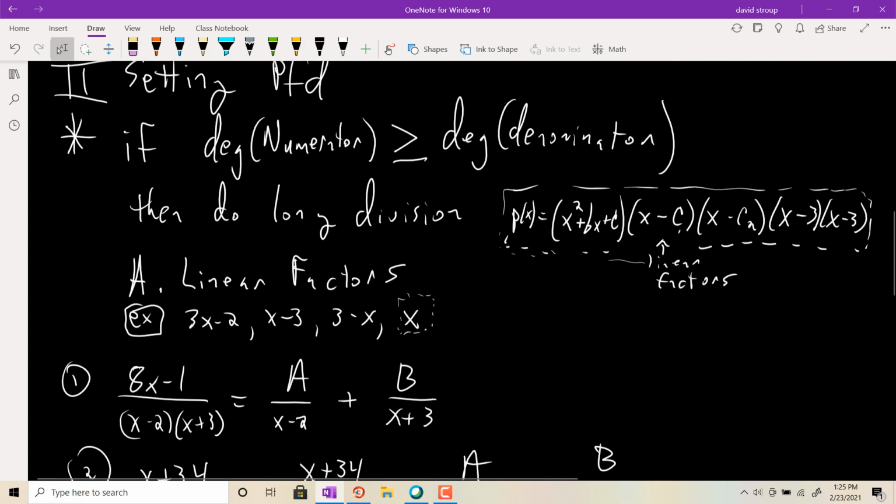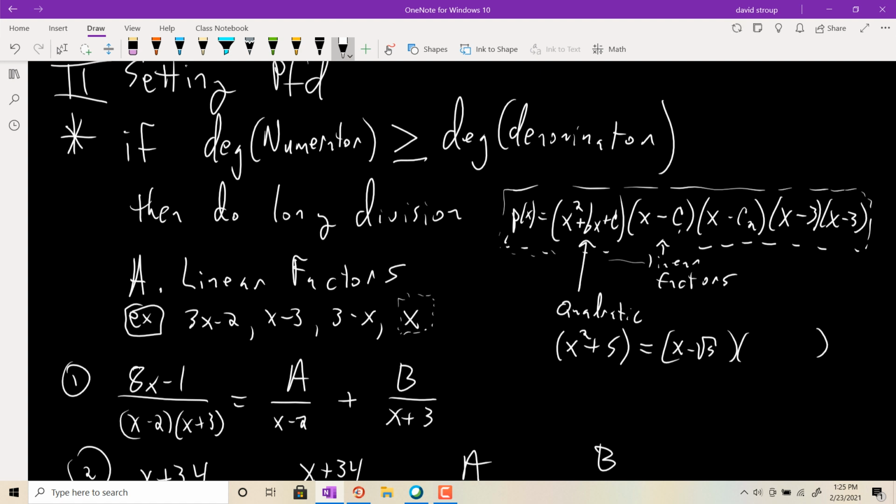The next types are called irreducible quadratics. So this thing right here is a quadratic factor. In the complex numbers, you can always factor quadratics, but things like x squared plus 5, right? It will only factor in the complex numbers. It would be like x minus root 5i, and then x plus root 5i. Right, so in the real numbers, it's called irreducible.